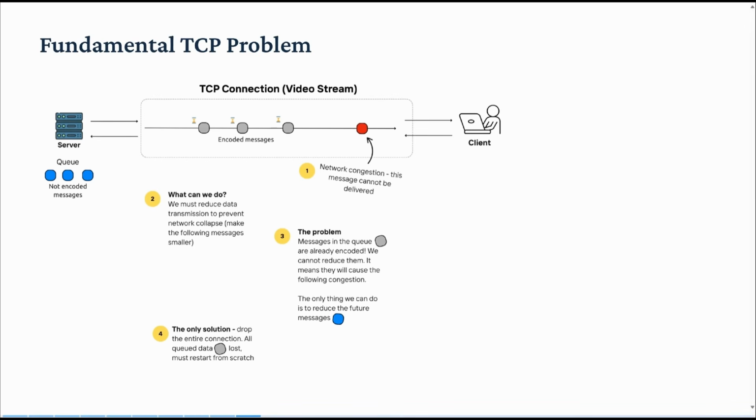They are binary data ready to go out the door. The only thing we can do is reduce the size of future messages that haven't been encoded yet. But that doesn't help with the current backlog. And with TCP, if the congestion persists, the only solution is to drop the entire connection. All data that is already in the queue is lost and the application must restart from scratch.